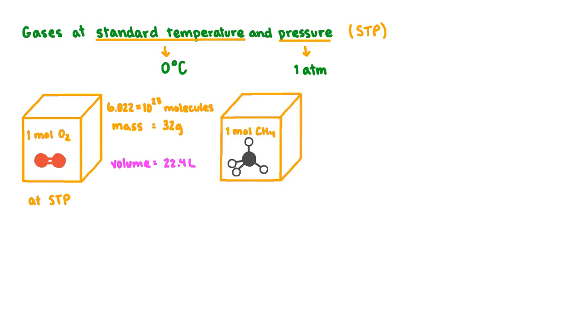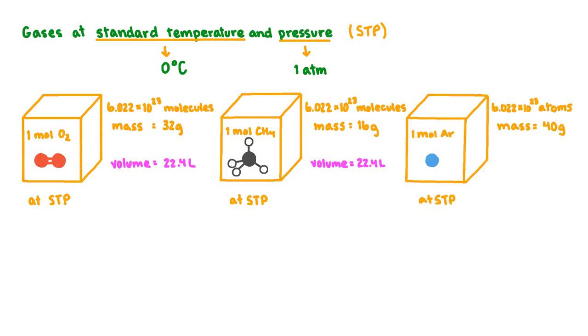Now let's consider 1 mole of methane gas. 1 mole of methane gas contains 6.022 times 10 to the 23rd molecules of methane and has a mass of 16 grams. Like 1 mole of oxygen gas at STP, 1 mole of methane gas at STP also has a volume of 22.4 liters. As it turns out, 1 mole of any gas at standard temperature and pressure will occupy a volume of 22.4 liters.